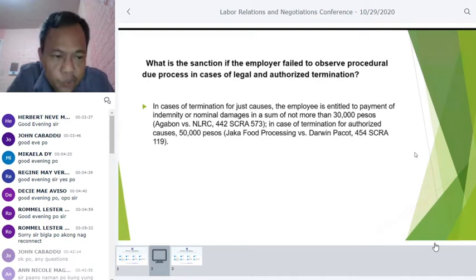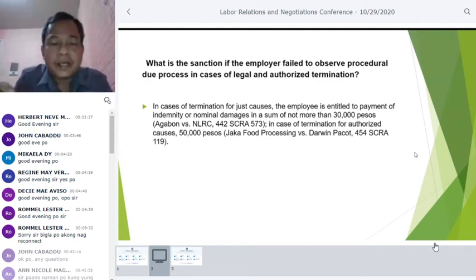Nominal pa lang yan, nominal damages pa lang, wala pa yung actual damages dyan. Para hindi pamarisan. 30,000 pesos.